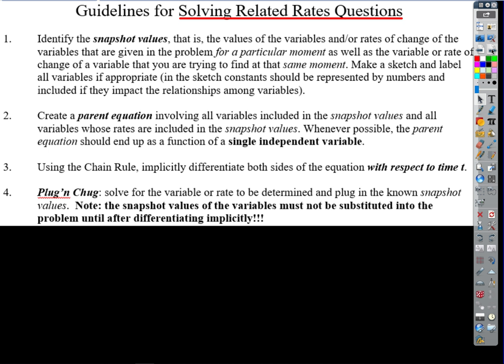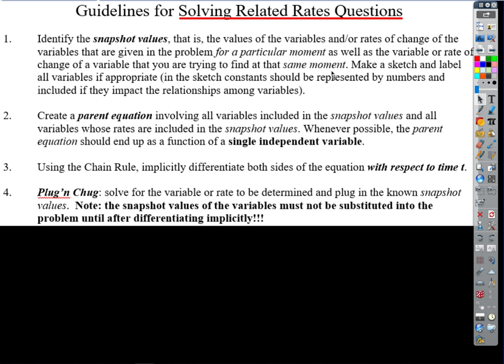But what we want to do with calculus, our goal is to be able to relate the rates of change in the system. Rates of change are calculus things though, right? Rates of change are derivatives, and that's what we've been studying. So that's our goal, is to come up with some mathematical relationship between these rates of change. This is the process we follow. We're going to start off with identify the snapshot values, and we call them snapshots because remember, it's the one frame in the movie.